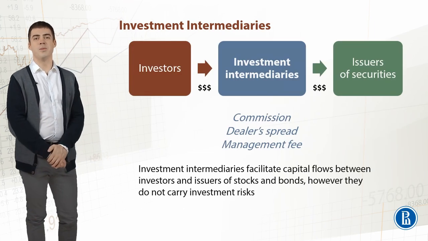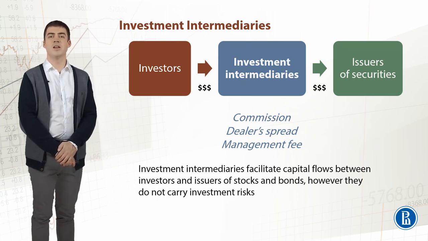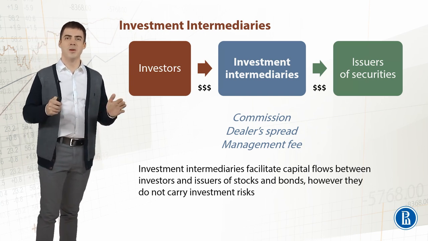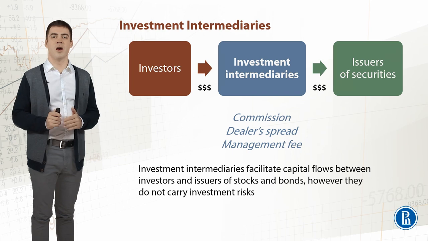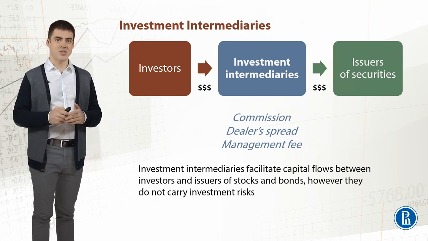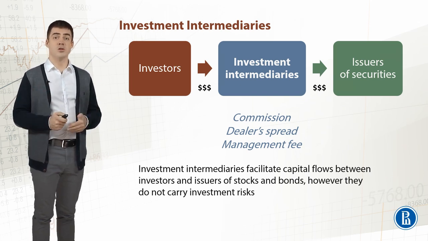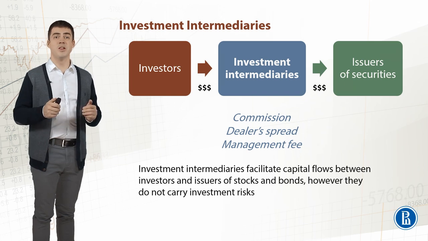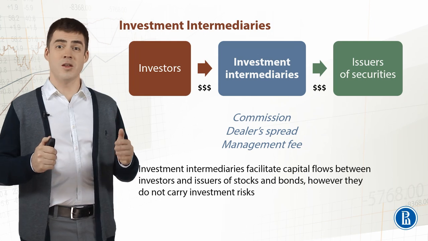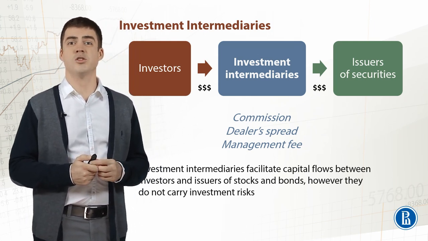Finally, we turn to investment intermediaries, the institutions that facilitate capital flows between investors and the issuers of securities like stocks and bonds without taking the underlying risks of investing in securities. Institutions like broker companies, dealer companies, asset managers, investment funds, and others generally make their income on commissions, dealer spreads, and managers' fees.